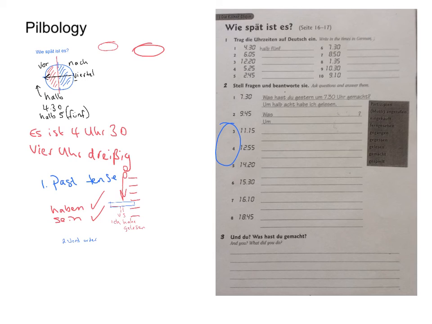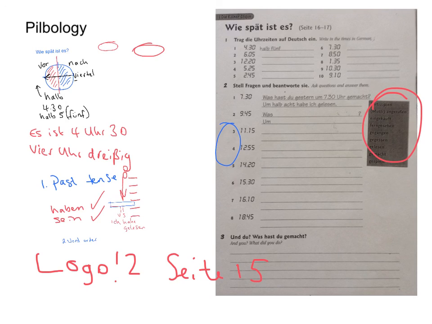Now, in order to help you formulate these sentences, if you're able to use the Logo 2 book, for those of you with a Logo 2, that would be page 15, Seite 15. In the bottom right, you have a green table, which will give you a number of activities, which then go together with these past participles.